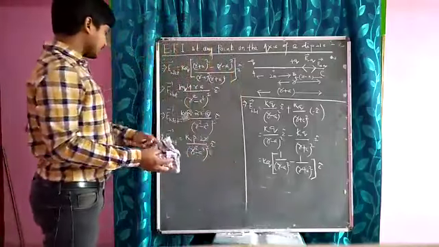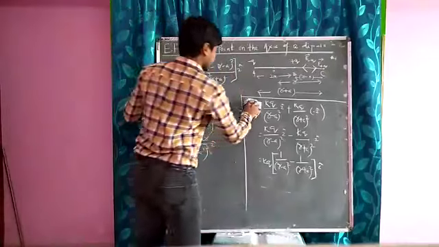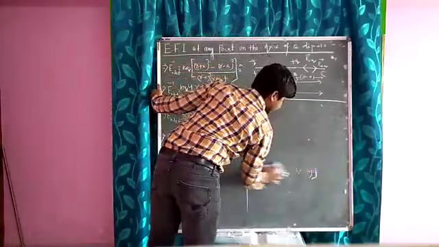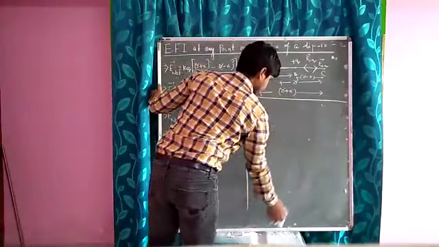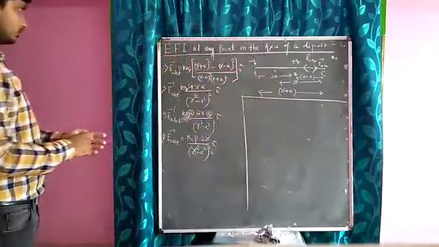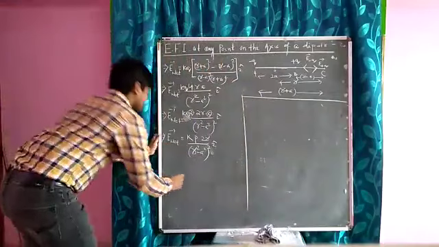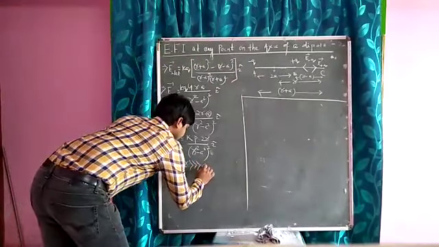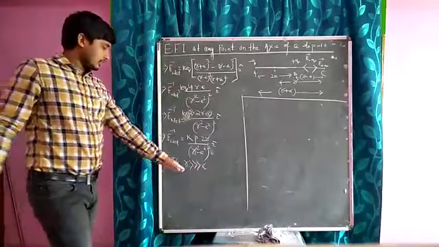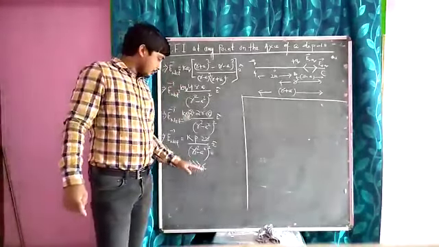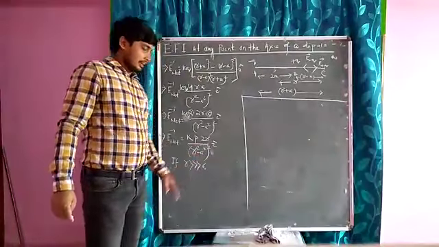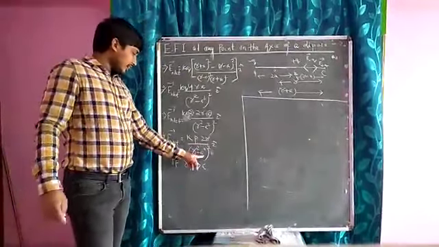Now you can see in the next step I will put the condition. If our R is very much greater than A, that is known as the ideal dipole condition. If we consider our R is very much larger than A, then this A can be neglected.